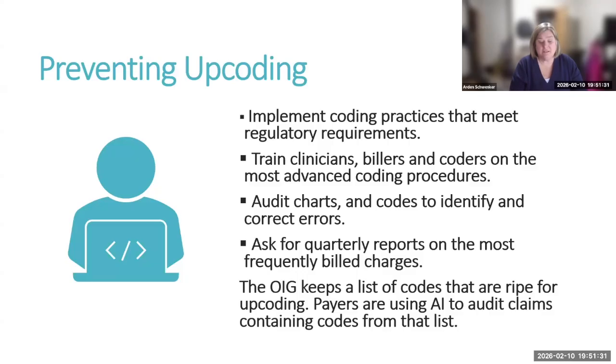And then they will send a letter. Typically, the first letter is slapping your hand, telling you to stop using it. Then the second letter is telling you that they are going to start downcoding all of your visits to a 99212 or 3 or a 99214. And it's up to your biller to appeal these decisions if your chart notes support the higher level of coding.